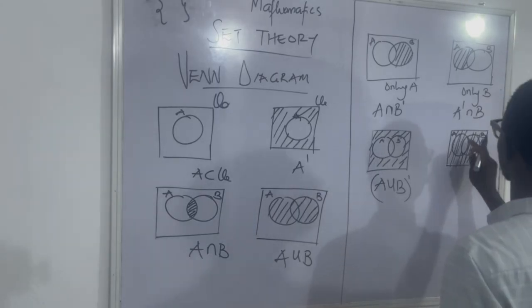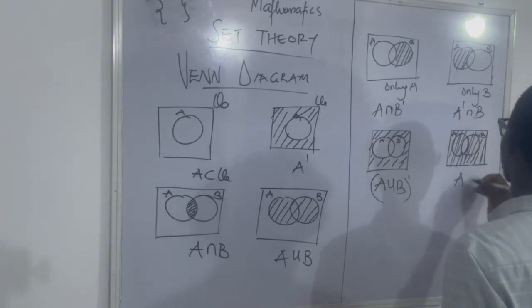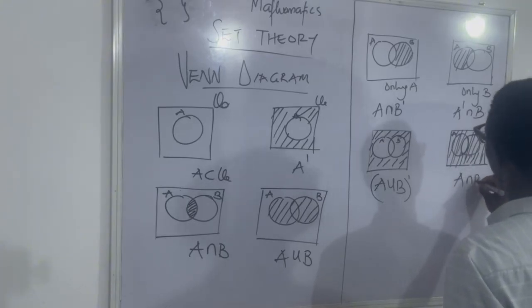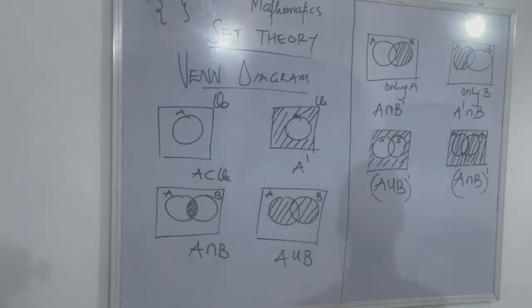So this is A intersection B not shaded. The rest that are shaded are A intersection B complement. Are we together? So that's the difference between them. So now they are still in twos. Let's now take, for example, that they are three.